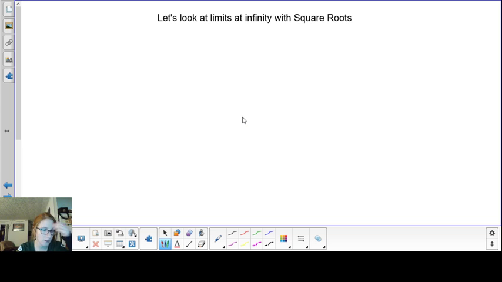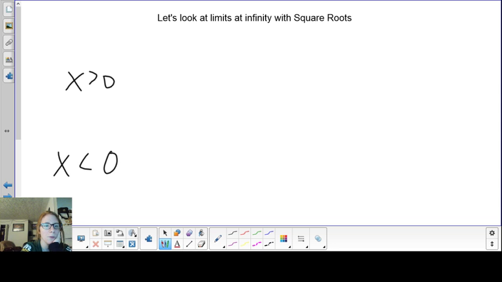Okay, so let's take a look at what happens when you have a square root in it. Would you agree with me that when x is larger than 0, that's when x is approaching infinity? And when x is less than 0, that's when we're going to negative infinity. Logical, right? Okay.